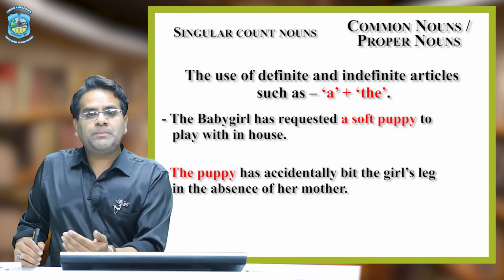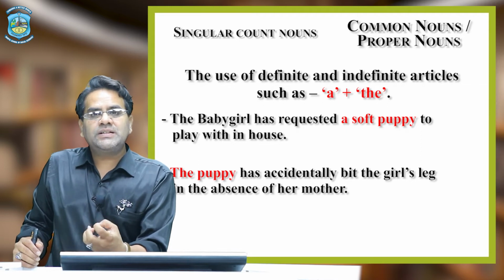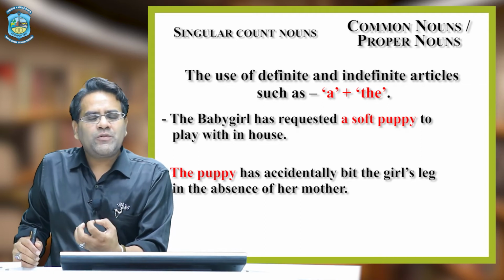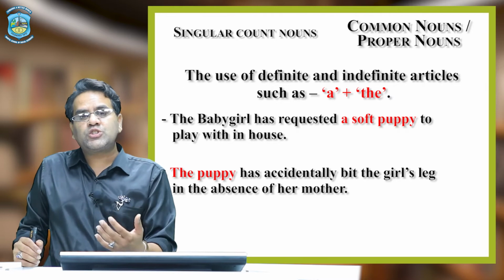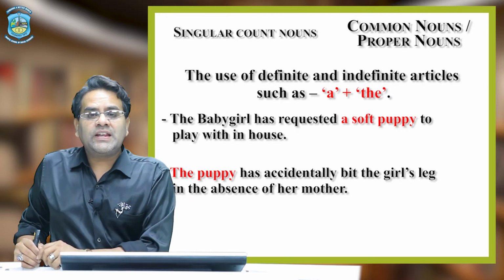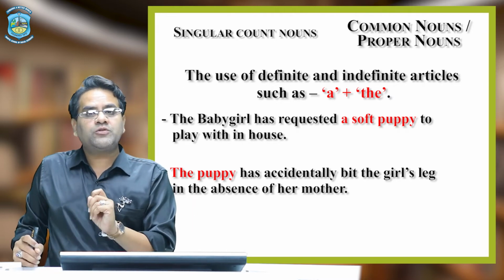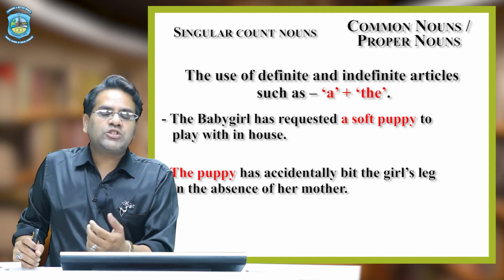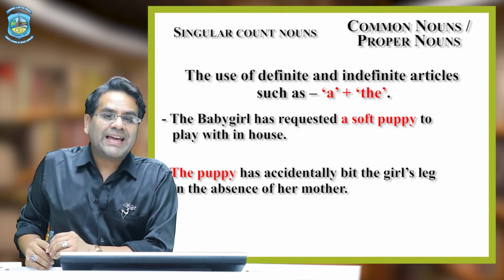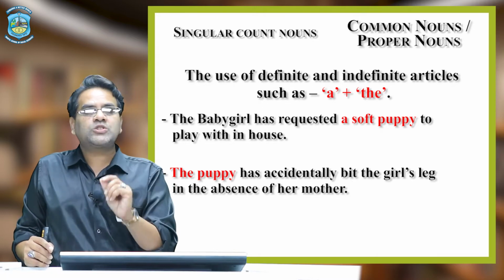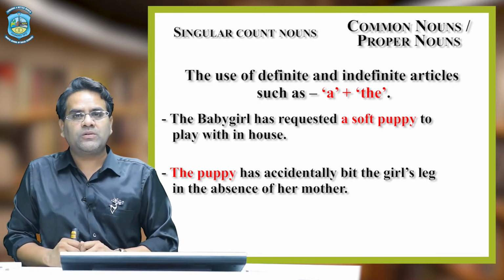That is why the puppy was considered under its quality. The puppy was soft and fluffy. That's why I've attached "a." But over here, when it comes to some kind of special feature, I've attached the article "the." "The puppy has accidentally bit." So bit is the word we have concentrated upon.